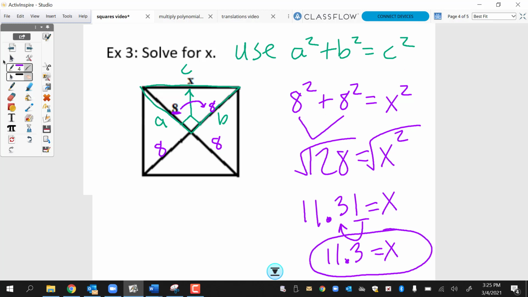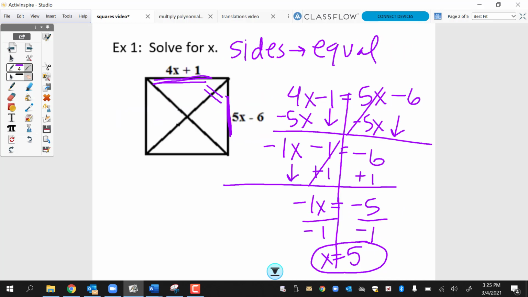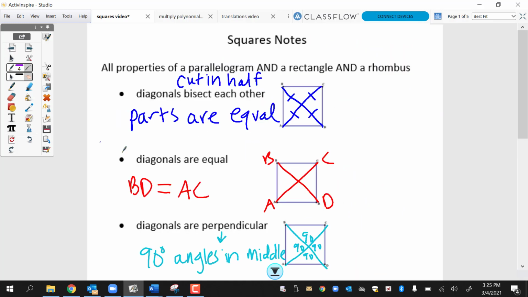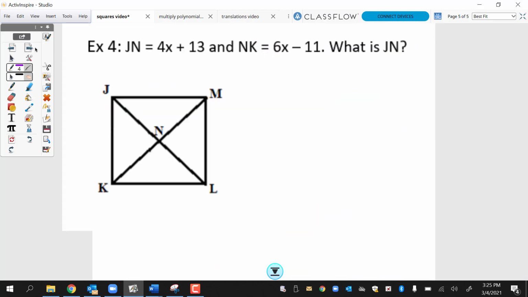We should add this to our notes. Where should we add it? The diagonals are perpendicular. We should add that. It means the 90 in the middle, and I can use a squared plus b squared. Okay, that's possible.